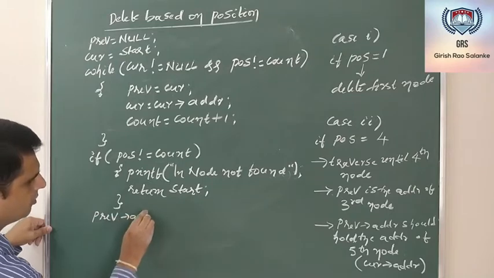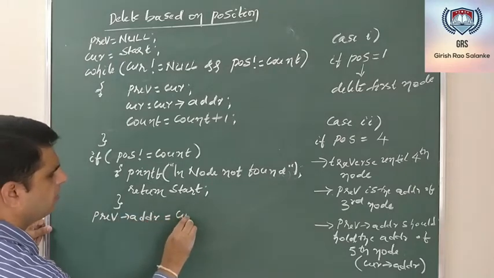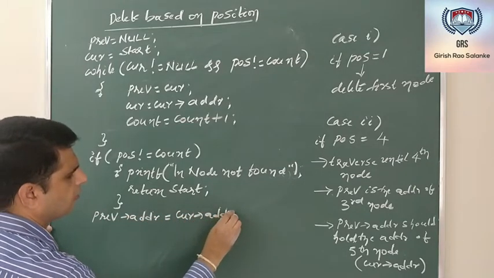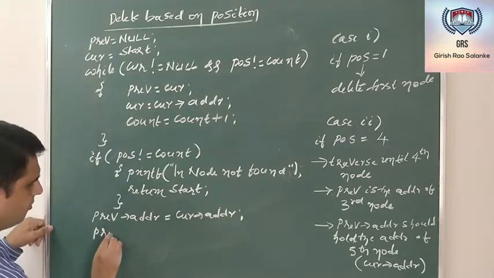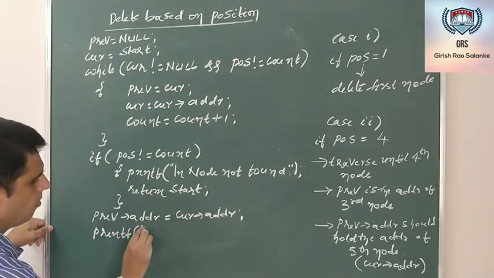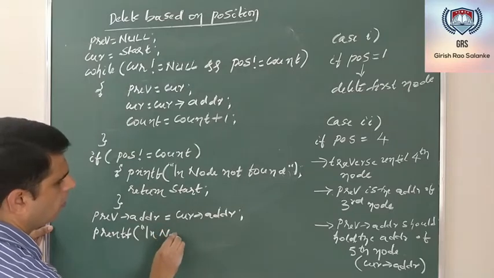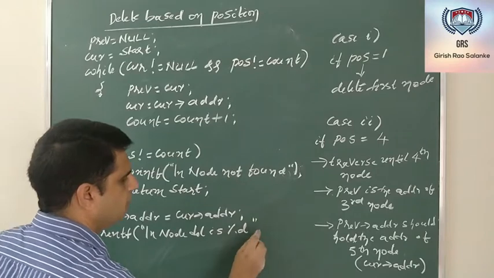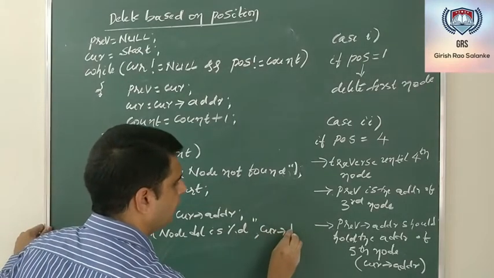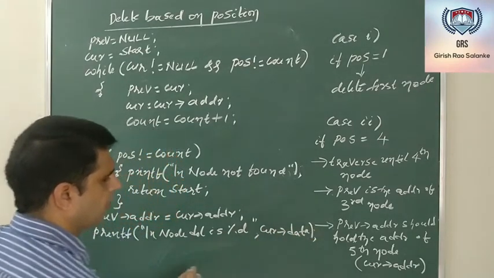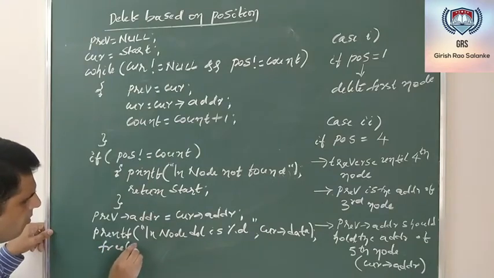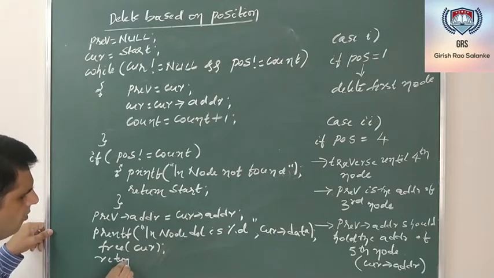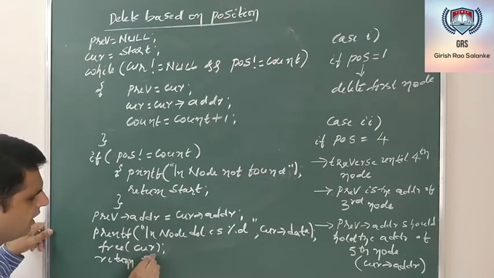Previous of address is pointing to current of address. Printf node deleted is percentage d, which is nothing but current of data. Free current, return start.